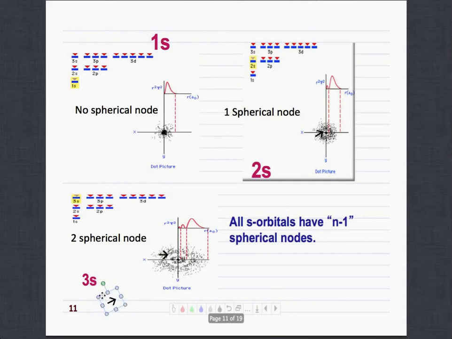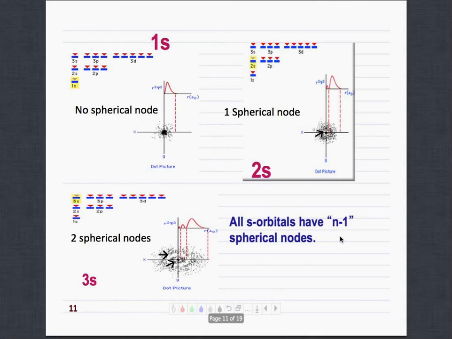So in other words, the number of spherical nodes depends on n, on which shell we are in for the s. And the number of spherical nodes for s is n minus 1. So, for example, for 1s, which is in shell number 1, 1 minus 1, there are 0 spherical nodes. For 2s, which is in shell number 2, 2 minus 1, I have 1 spherical node.